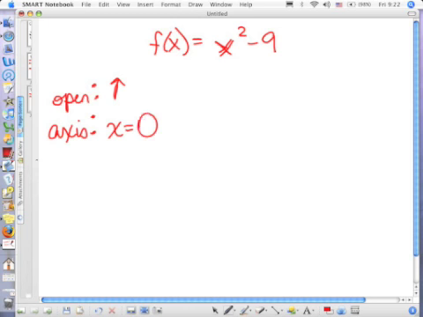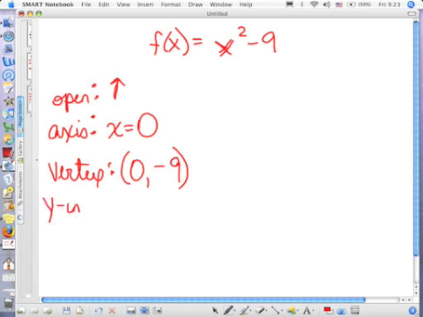Because negative b, b is 0. 0 divided by anything is 0. Your vertex, if x is 0, plug that back in and figure out what y equals. What is y? -9. What's your y-intercept? 0, -9. So your vertex and your y-intercept are the same thing.